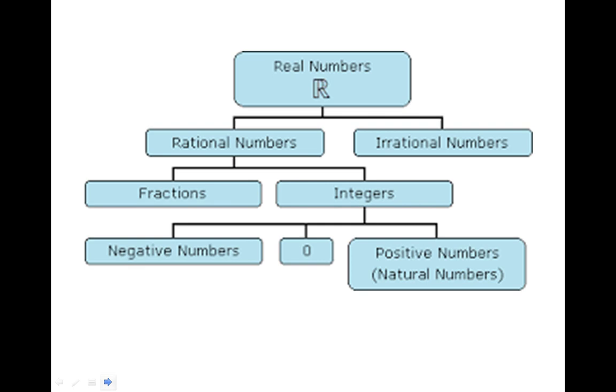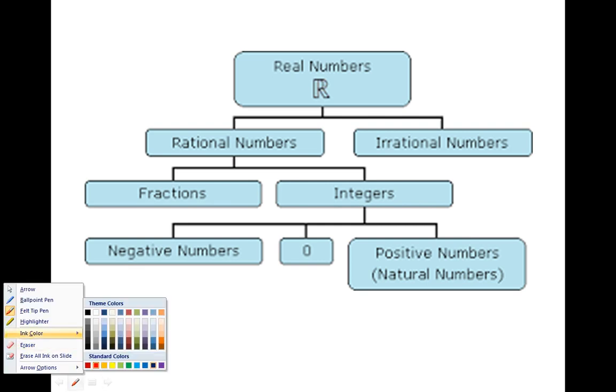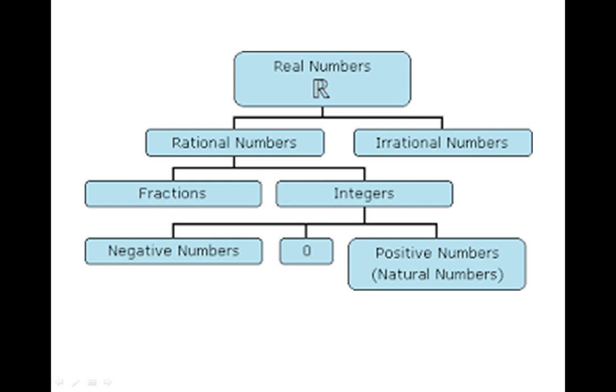Here's the first one. Okay, so looking at the bottom here, notice your positive numbers. There's your natural numbers. If you add 0 to it, these would be your whole numbers. Notice you have your integers made out of your negative numbers, 0, and your natural numbers. Rational numbers are made out of integers, and anything that can be written as a fraction.